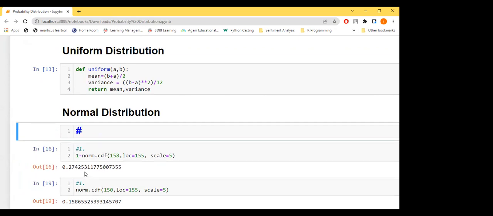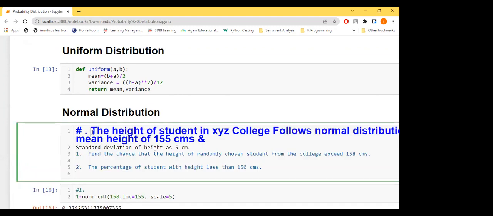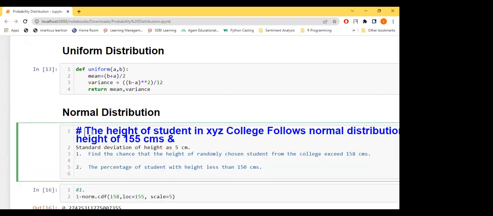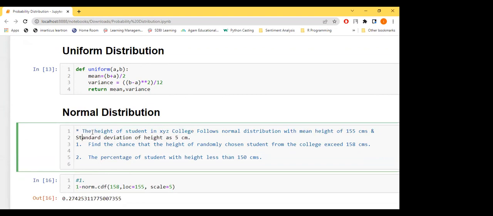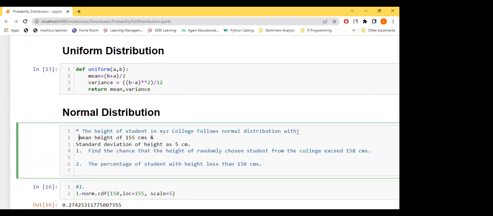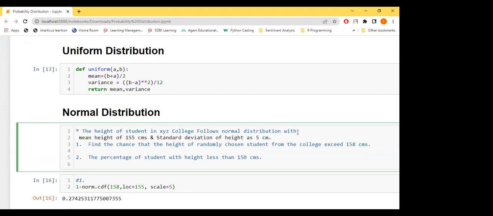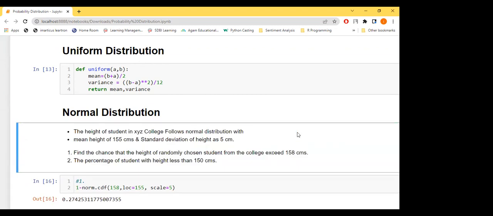I'm just adding an example over here. Write this one.